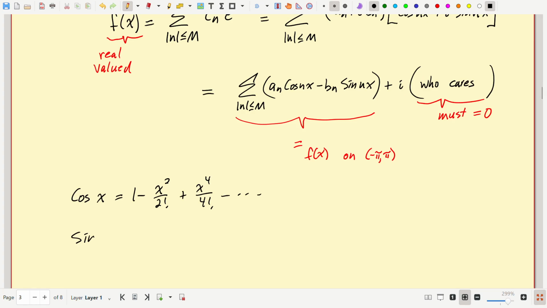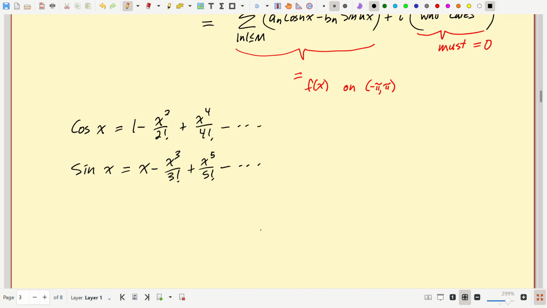And sine of x is x minus x cubed over 3 factorial plus x to the 5th over 5 factorial minus dot dot dot. Those are famous series, and the radius of convergence is infinite for both. So they converge for all x.